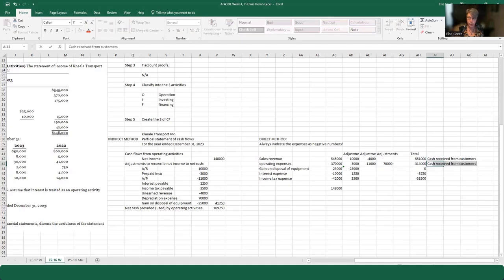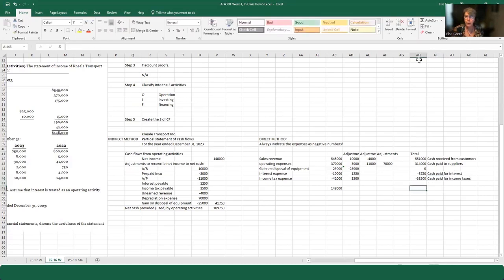This is the cash paid to suppliers. This is nothing because this is now gone, since it has nothing to do with cash at all. I'm going to strike it out. Then this is the cash paid for interest, and this is the cash paid for income taxes.